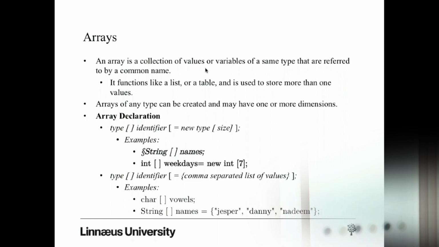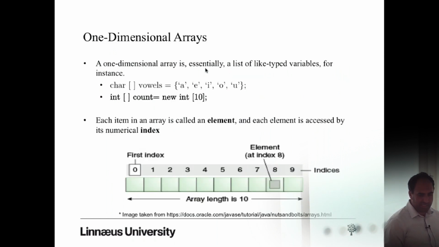If you want to use this one, you have to specify the size, like we have done over here, new int 7. So what will this do? For example, if you have specified the size as 10, then it will create 10 areas or buckets in the memory to hold the 10 elements or values of the type that you have specified in the array definition.